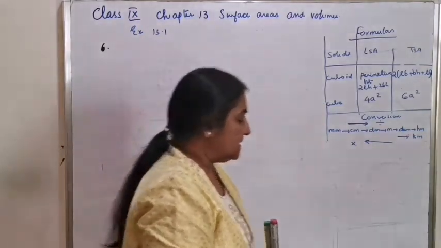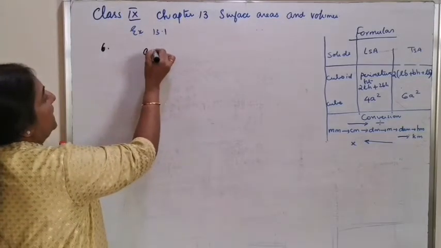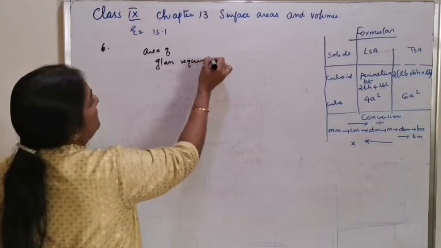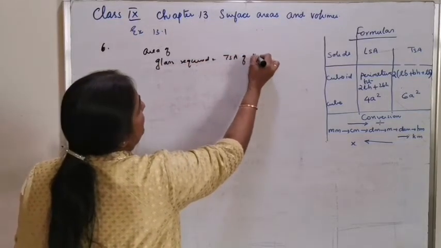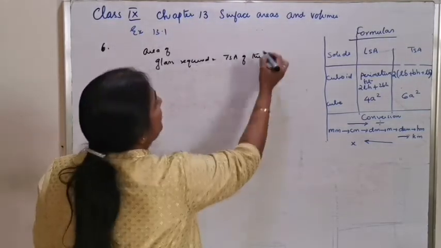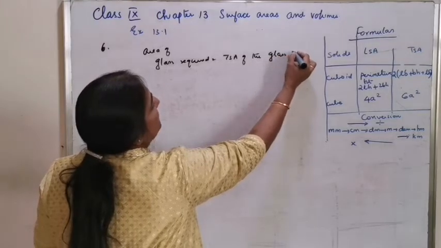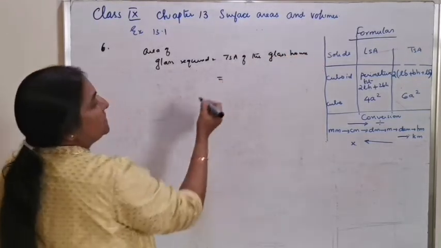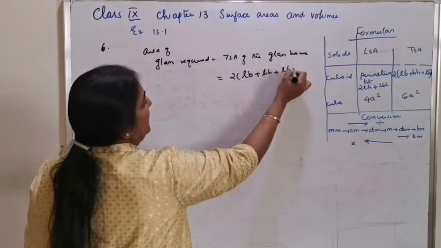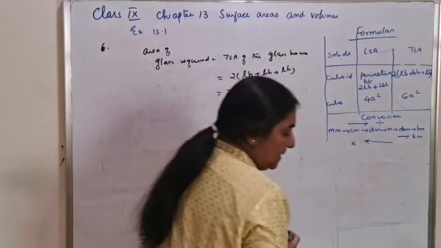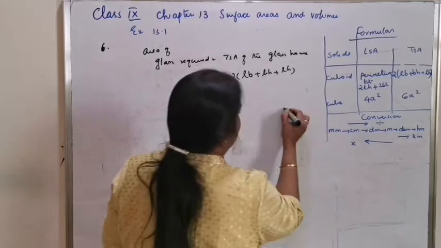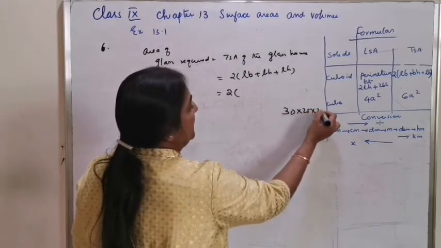The length is 30 centimeter. Therefore, area of glass required is equal to TSA of the glass house, which is equal to 2 times LB plus BH plus LH, with 30, 25, 25.